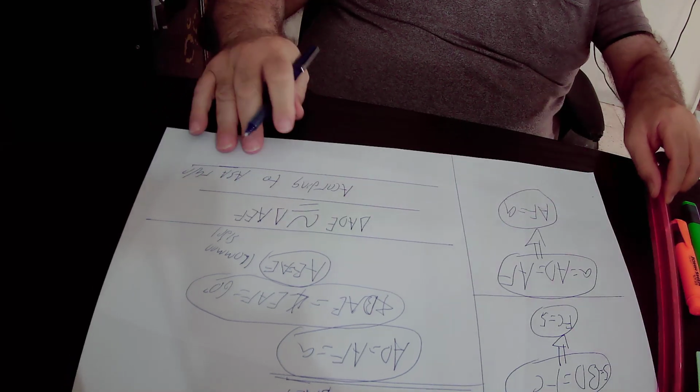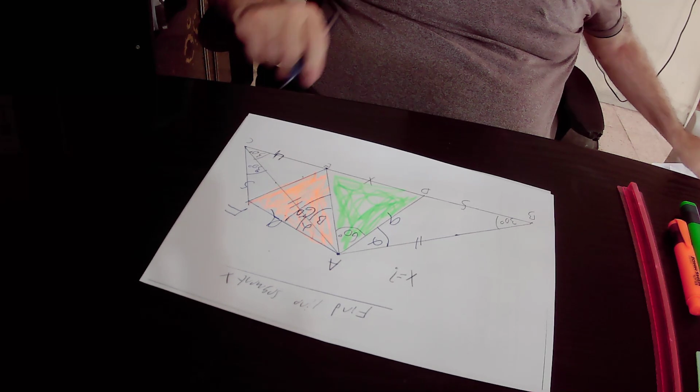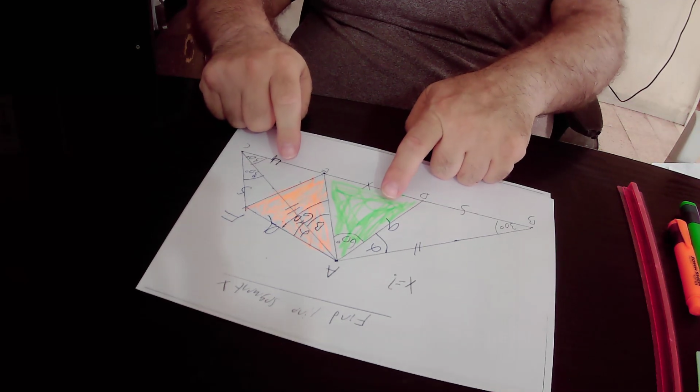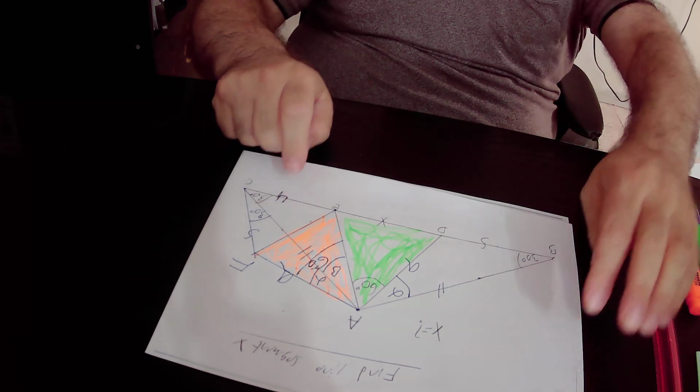I will explain what I mean. We actually proved that the green triangle can go into the orange triangle according to angle side angle rule.